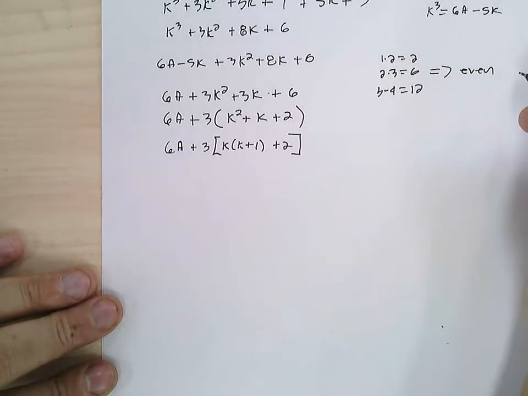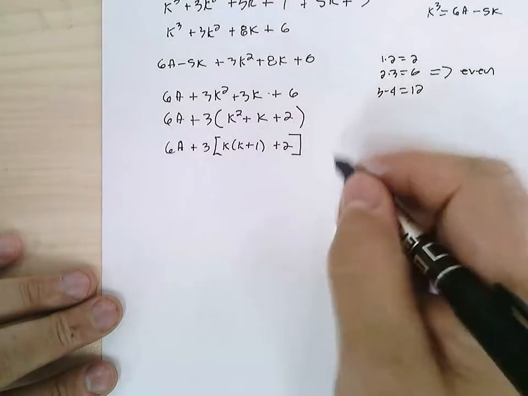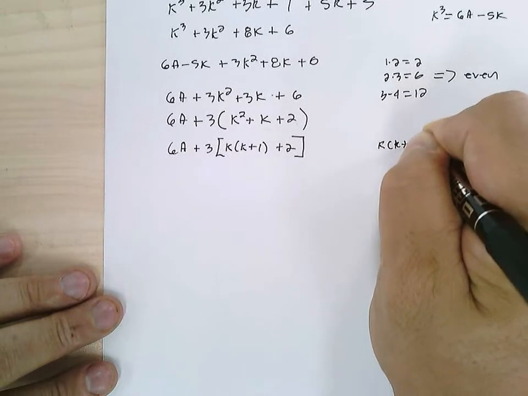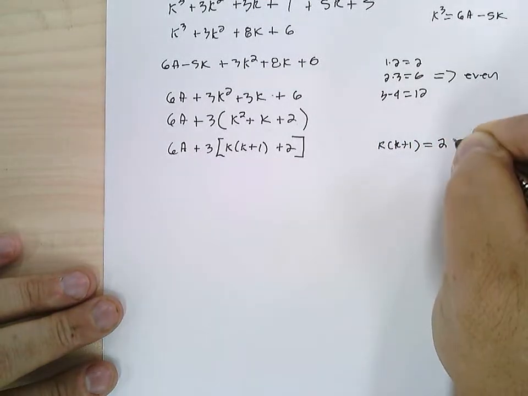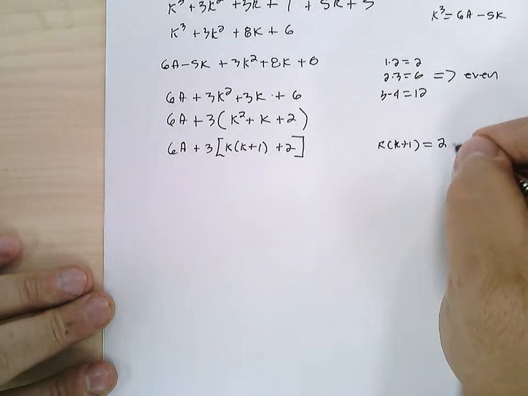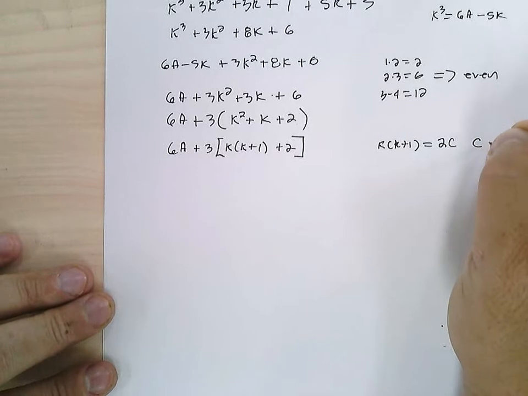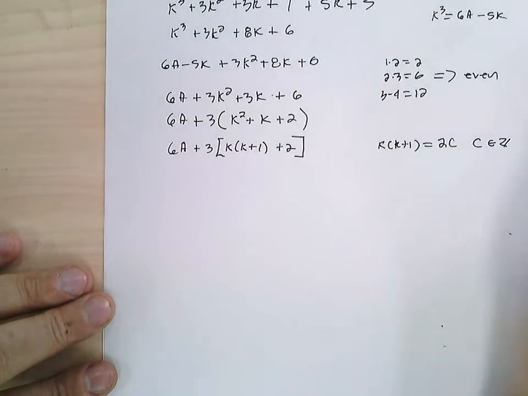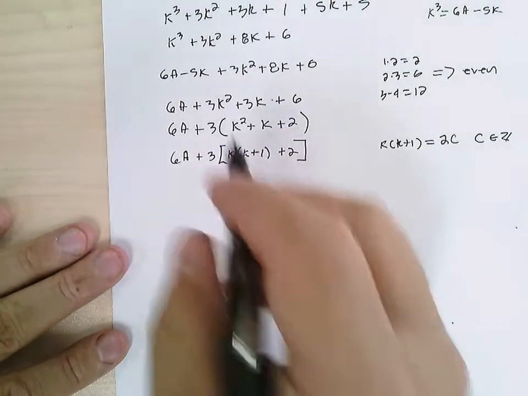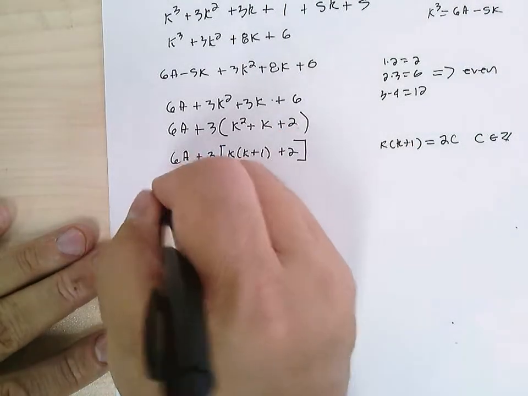Since that's always even, I can write this expression k times k plus 1 as equal to 2 times some other value. So we already used a and b, so I'm going to use c, an element of the positive integers, right? And then I can use the substitution. I know that's going to be even, so I can use this to help me.